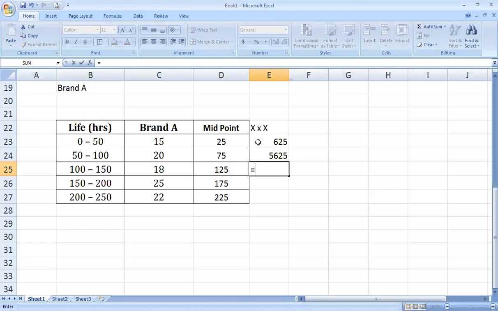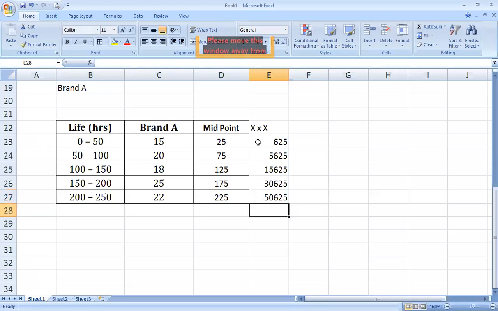Then 125 into 125, 15,625. Then 175 into 175, 30,625. Then 225 into 225. So this is x square.